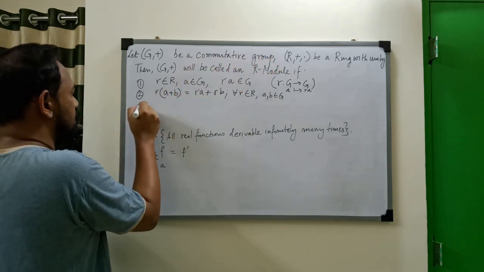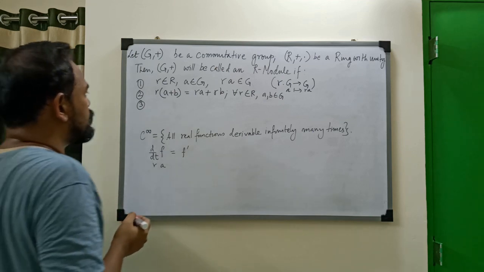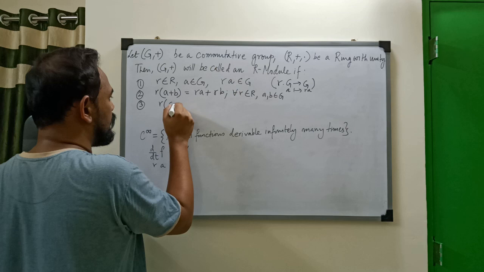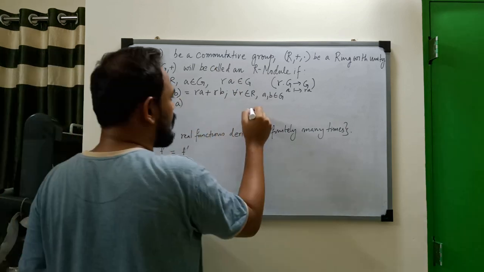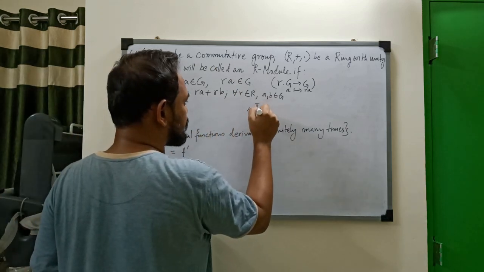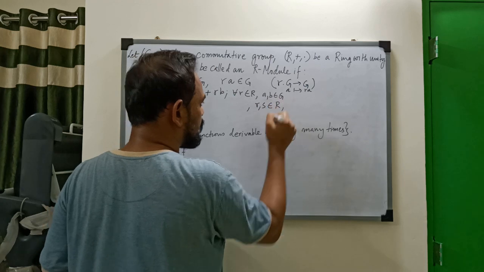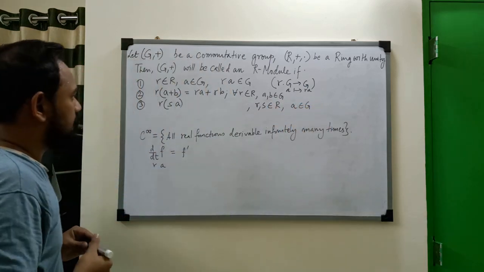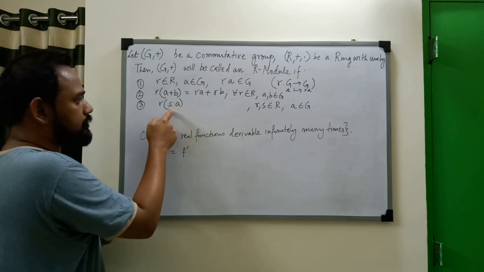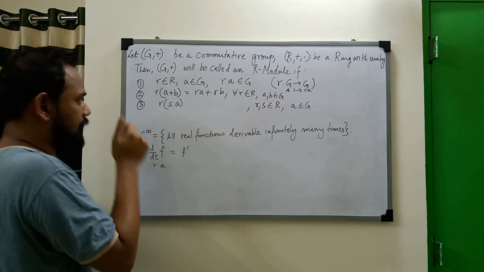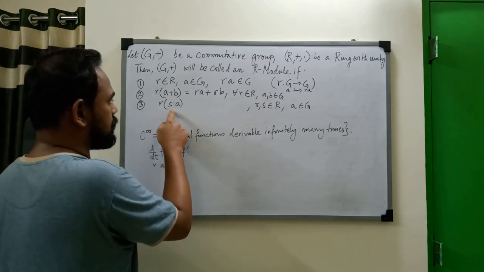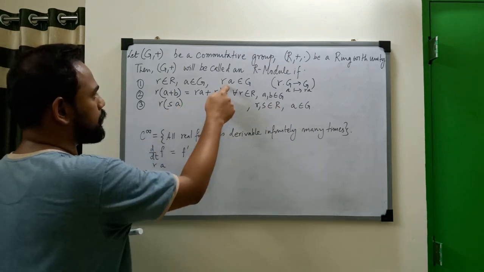Number 3, if you have R, S on A, R and S are elements of capital R, the ring, and A is an element of G. If you act on A by an element of capital R, that's an element of G, because that's what it is.